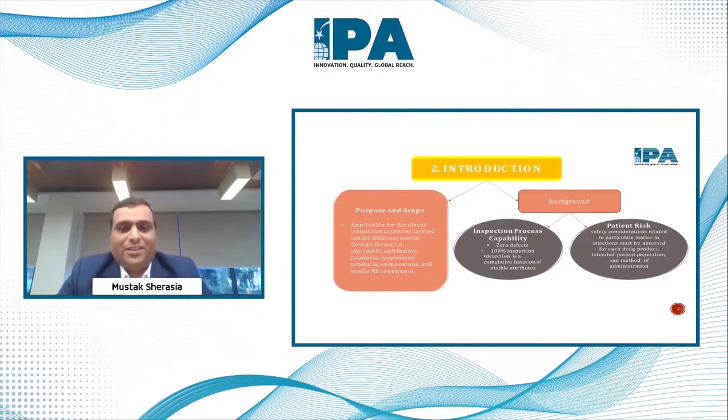When we started these guidelines, our purpose and scope was to cover the different formulations of the products: liquid injectable products, ophthalmic products, and we also covered lyophilized and suspension products, which are very difficult to inspect. Based on a request to the group, we have also touched upon how to inspect the media fill containers after performing the media fill.